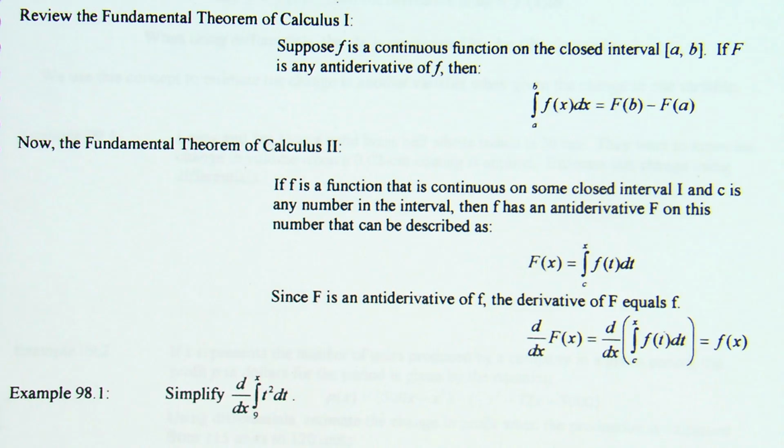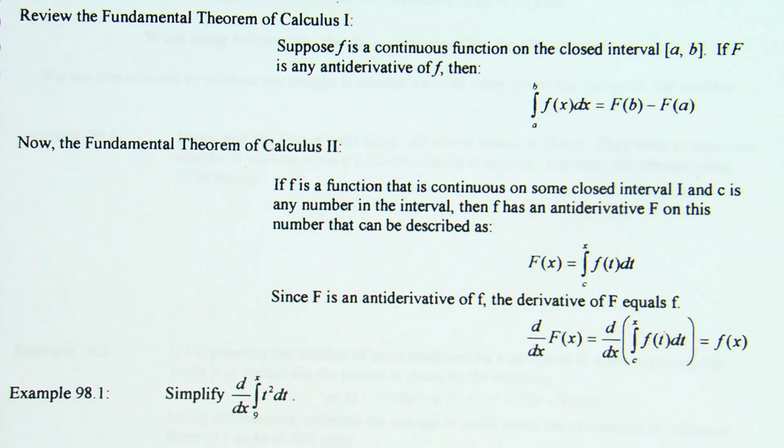So simplify. The derivative of the integral from 9 to x of t squared dt. Officially, by fundamental theorem of calculus part 2, we don't have to show any work. The derivative of this integral is just going to be f of x, which is whatever our function is evaluated at x.